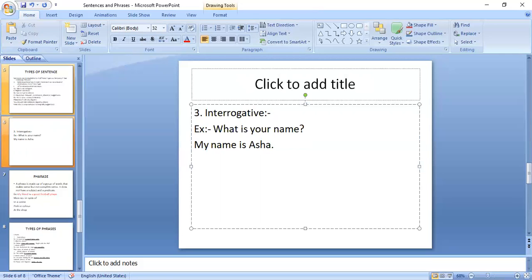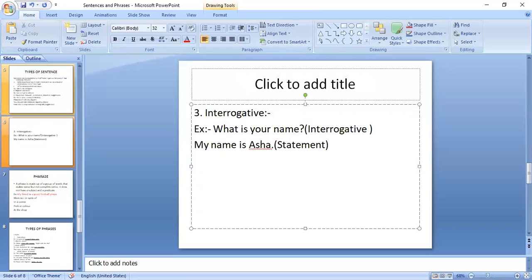So if I'm using an interrogative sentence, you are giving a statement. This is an interrogative sentence and the answer is a statement.